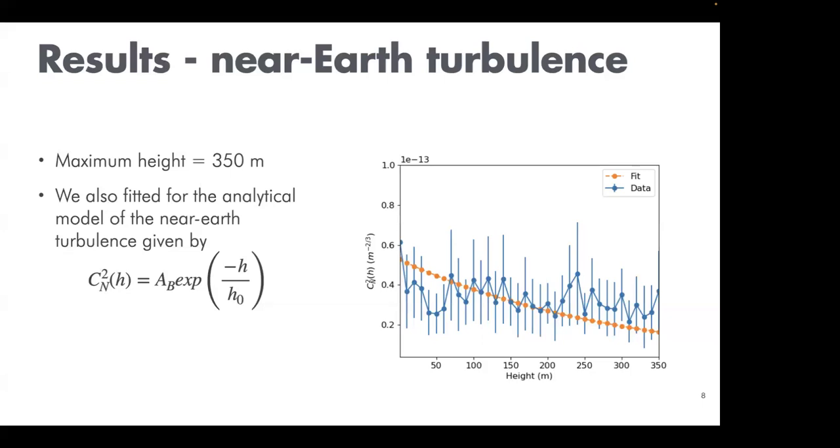We had the balloon, and we also had the S-DIMM inside the telescope nearly simultaneously, and we did see the seeing degrade as a function of the day. For this one, we weren't able to do it in the afternoon because it became really windy and we weren't able to hold the balloon up. But for the other one we were able to, and we saw that it degraded as a function of the day.